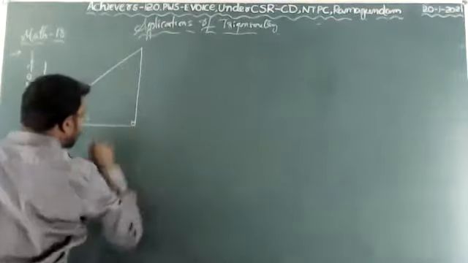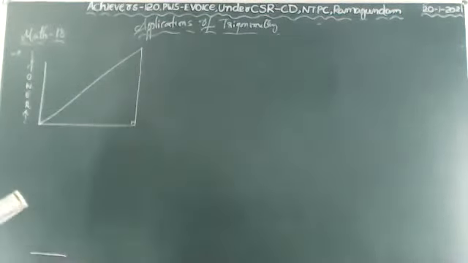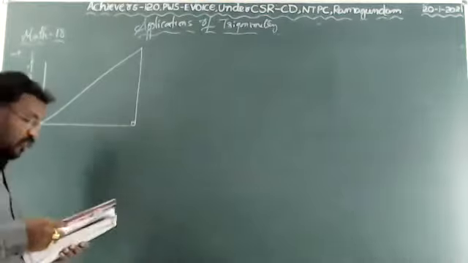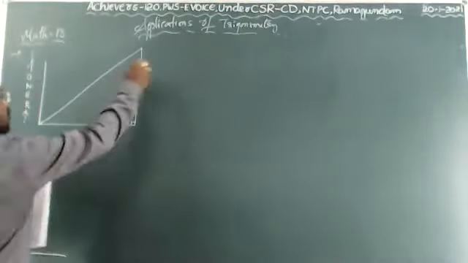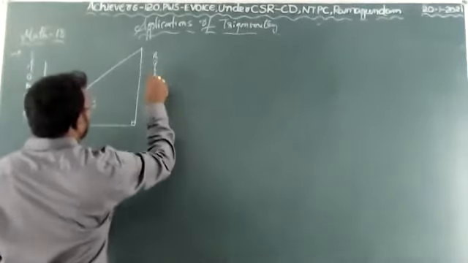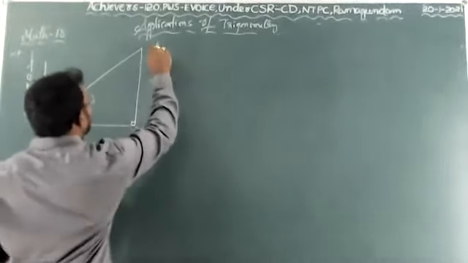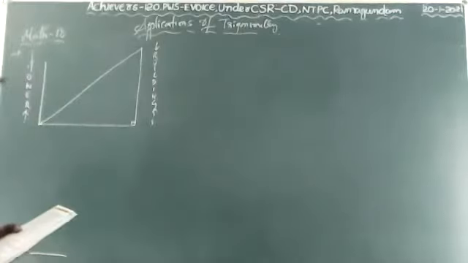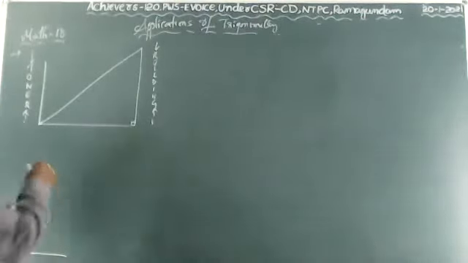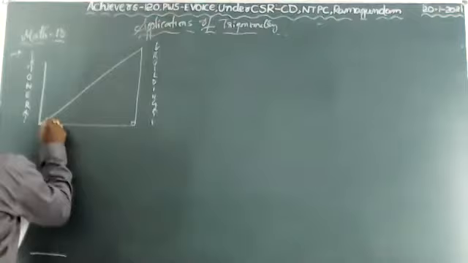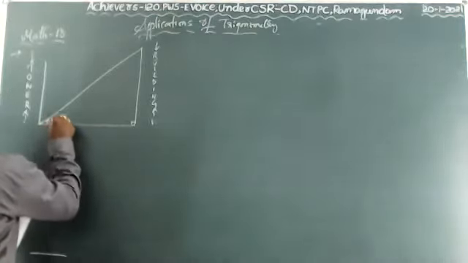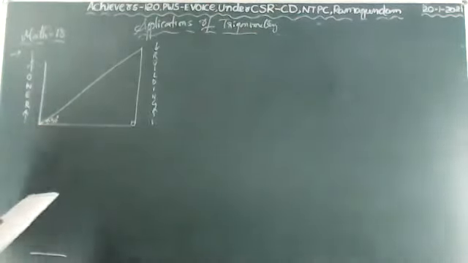Indirectly, you will get this right triangle. Once again, the angle of elevation of the top of the building, this is the building, from the foot of the tower is 30 degrees.